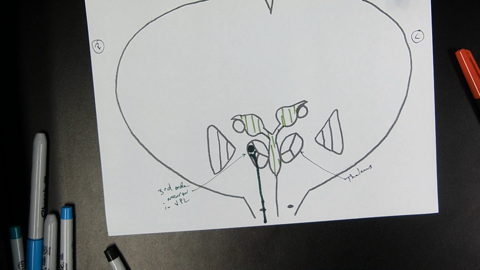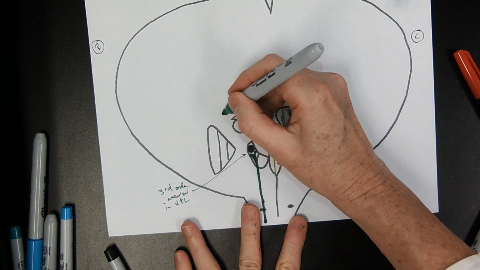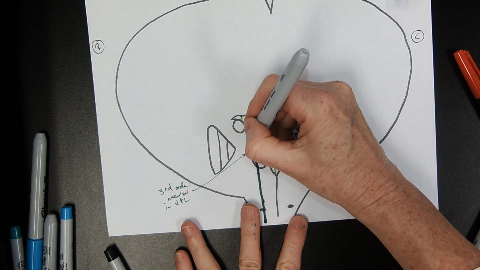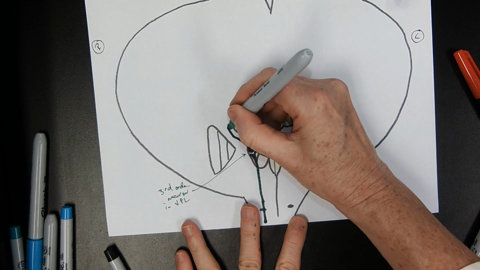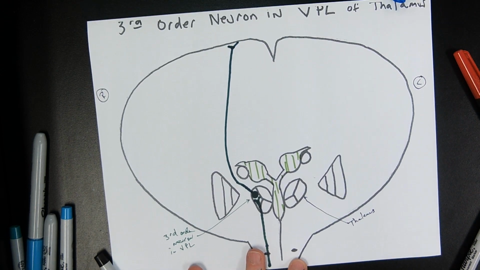No difference. Then that third order neuron's axon travels through the internal capsule and relays information to the somatosensory cortex.